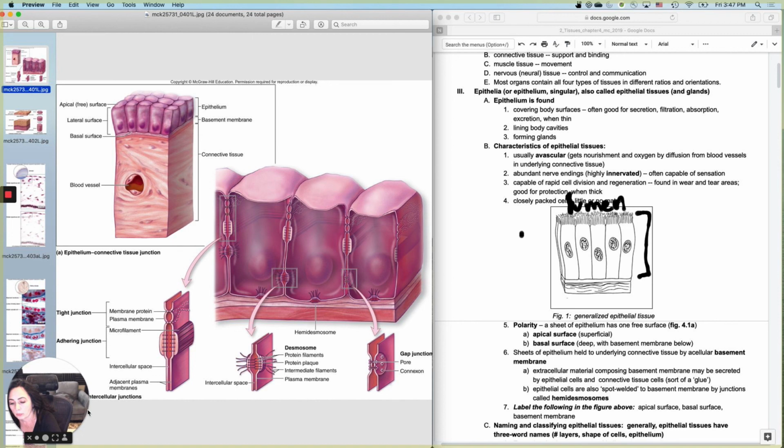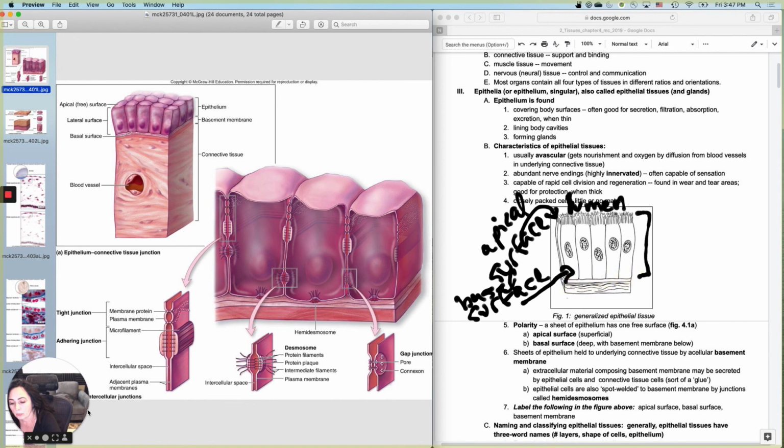So this surface right here is the apical surface. This surface down here, not the basement membrane, but the surface of the cells sitting on top of the basement membrane, that right there would be the basal surface. Okay. And then what about this structure right here?